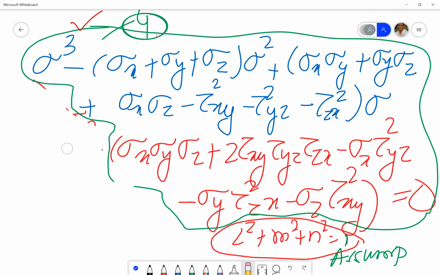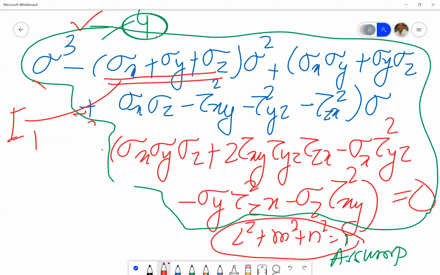The first invariant is marked as I1, I for invariant. First invariant means I1 is sigma x plus sigma y plus sigma z, which is never changed.